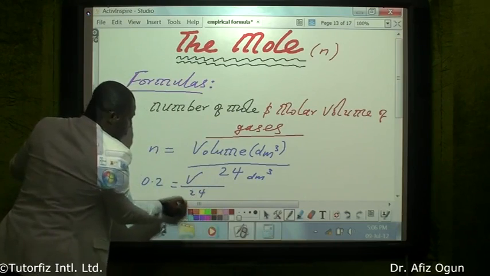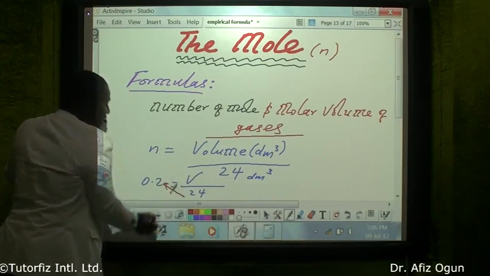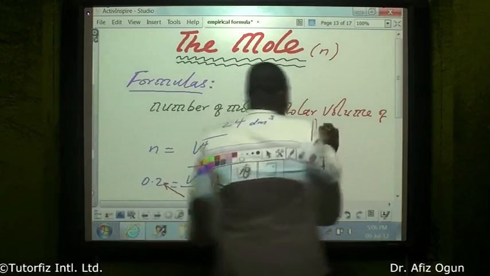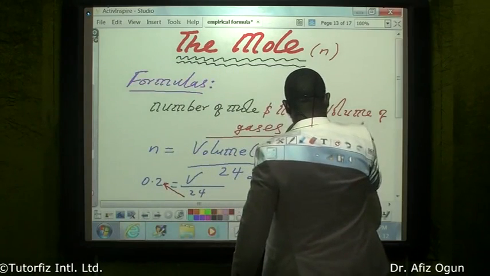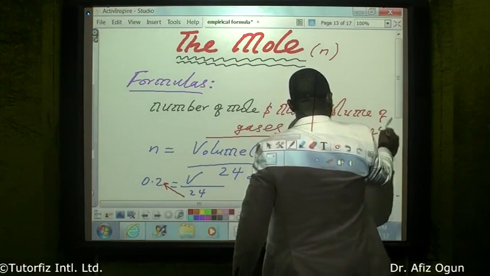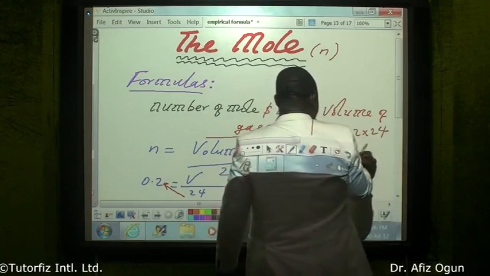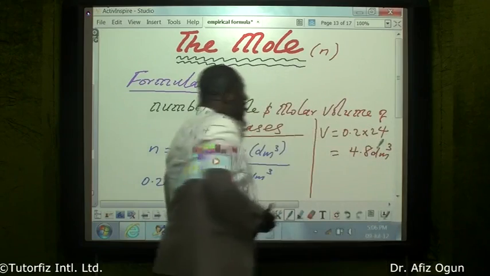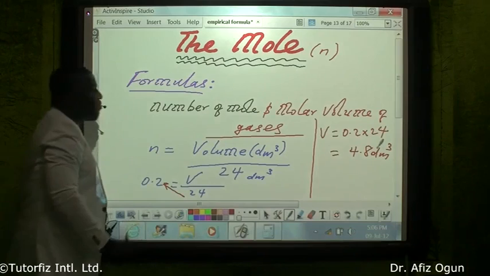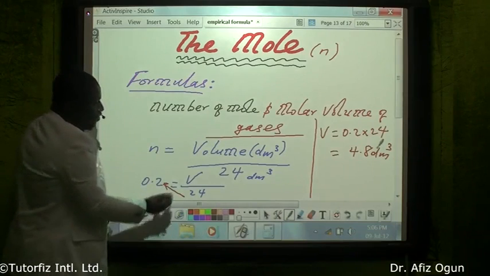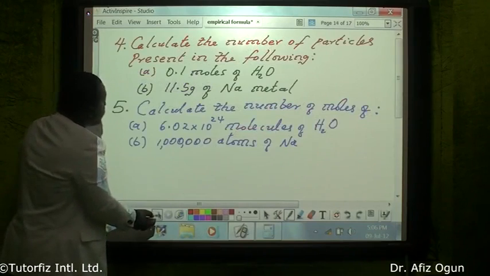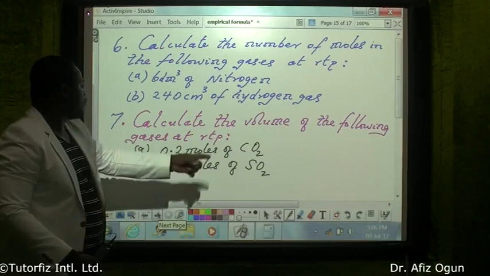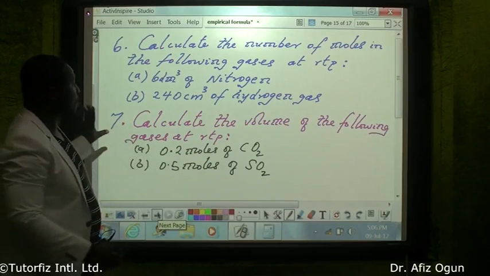So what do we do? Math students, cross multiply, and you get V equals 0.2 multiplied by 24, which equals 4.8 dm cube. As simple as ABC. So it's so easy. Another one, it says 0.5 mole of SO2. You can do the same thing and you get your answer.